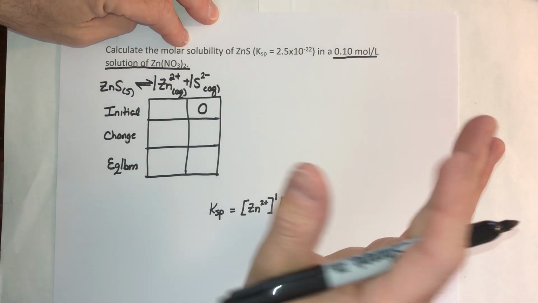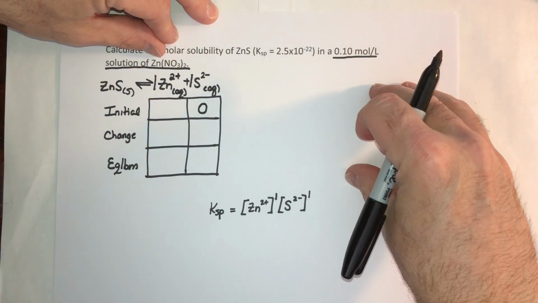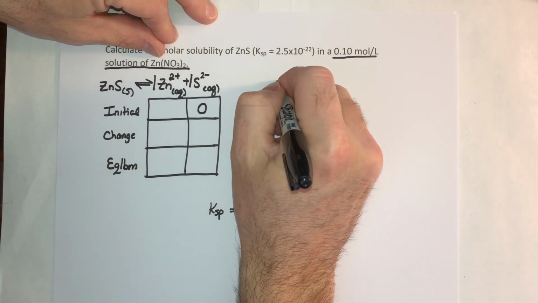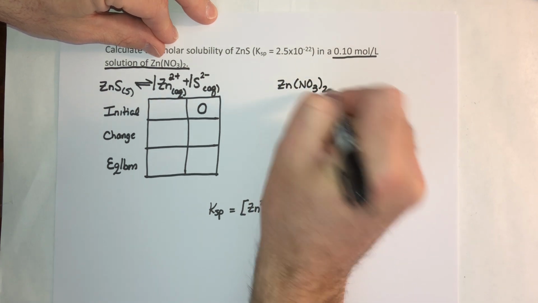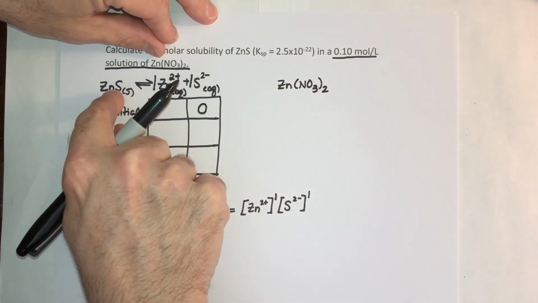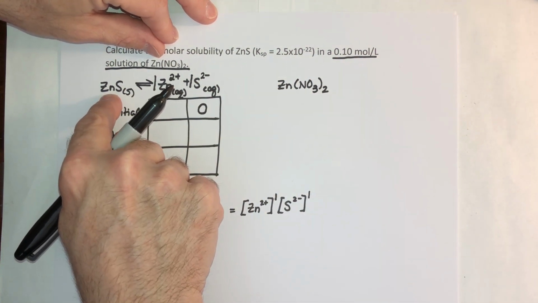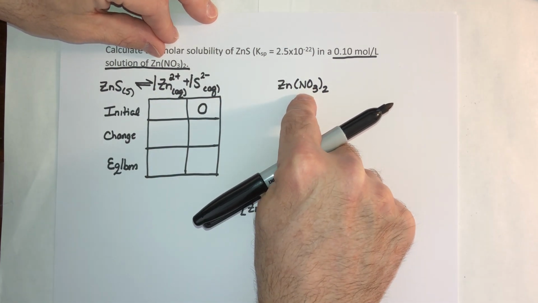Now, in order to address this, what we're going to do is talk about this chemical over here on this side. So my second chemical is zinc nitrate. The cool thing about this is that while this compound hates water and really doesn't want to dissolve, this compound loves water.